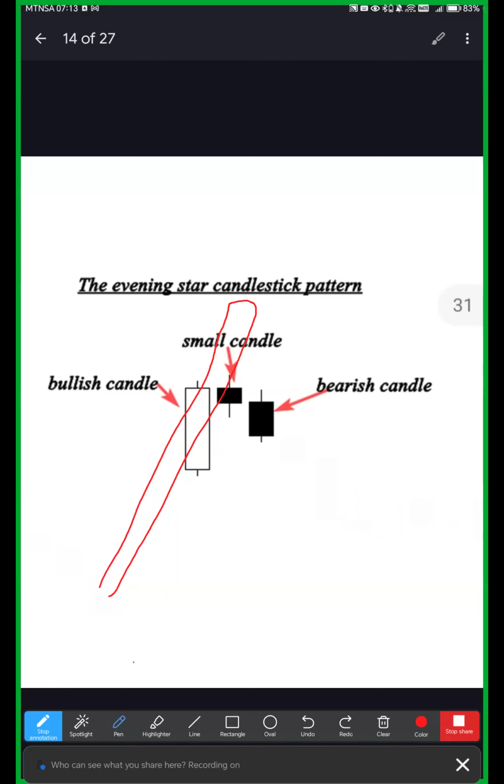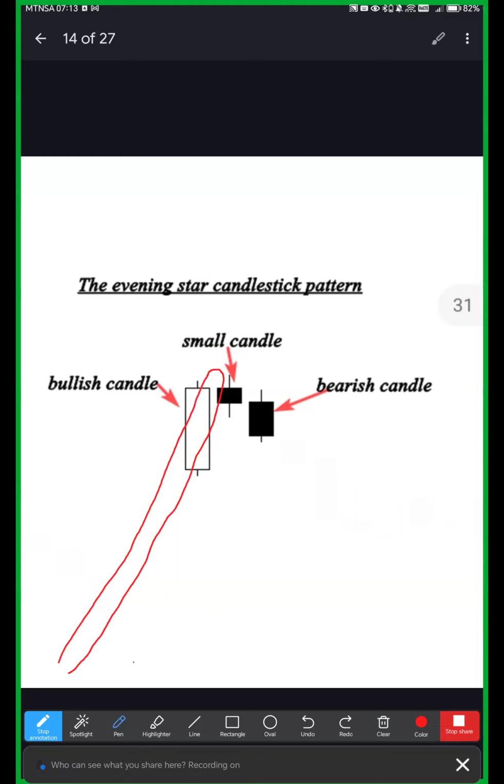Don't allow your emotions to control you when you are trading. Always remain disciplined. Okay? Stick to your strategies. Stick to your approach of the market. Right? So you should know that indeed it was a beautiful journey going upward, collecting some good profit. But now it is time to go down.